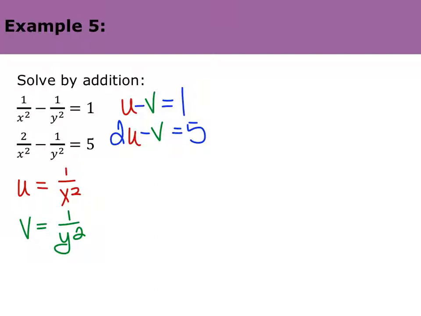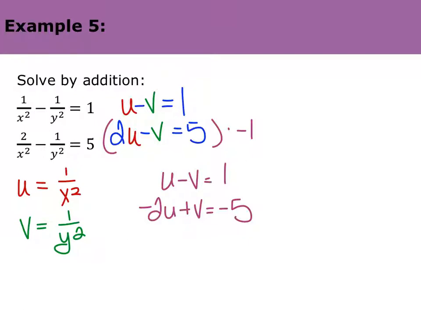Okay, if we take this second equation and multiply by negative 1, then we get U minus V equals 1, and negative 2U plus V equals negative 5. That way we can add, and our V's will go away. So we have negative U equals negative 4, which means U is 4.